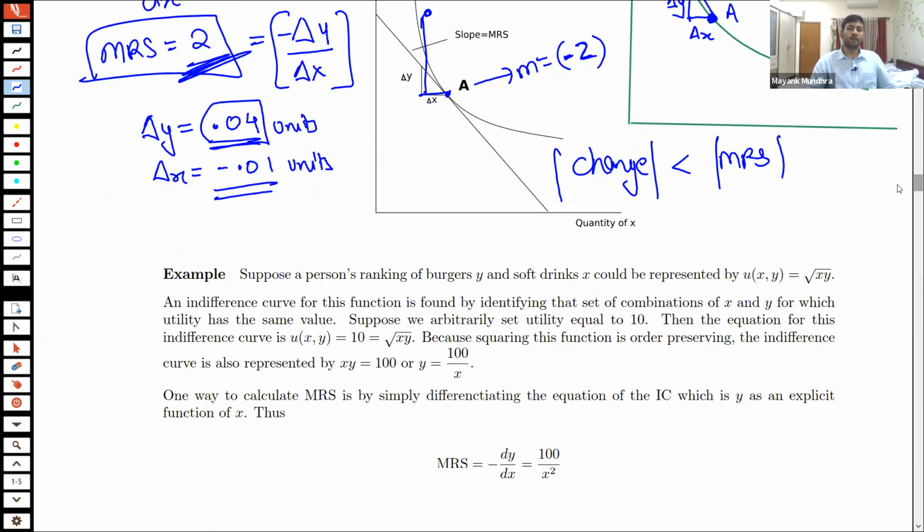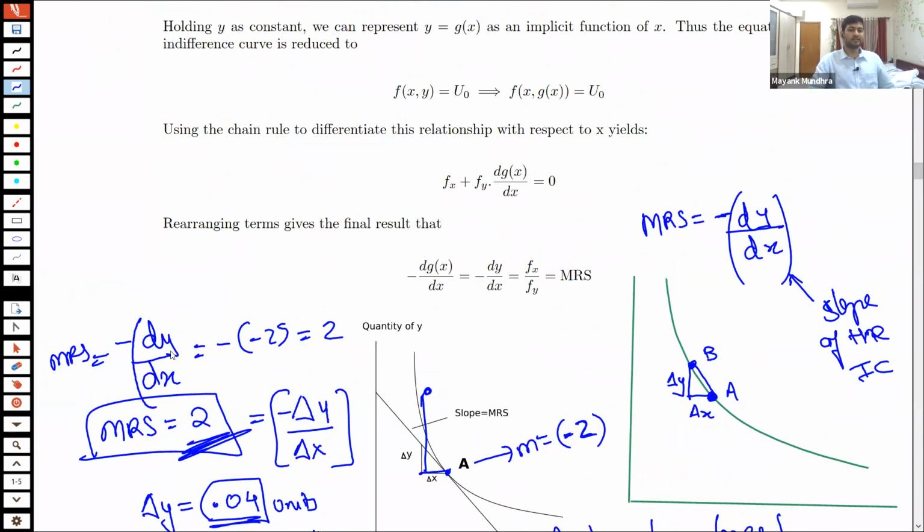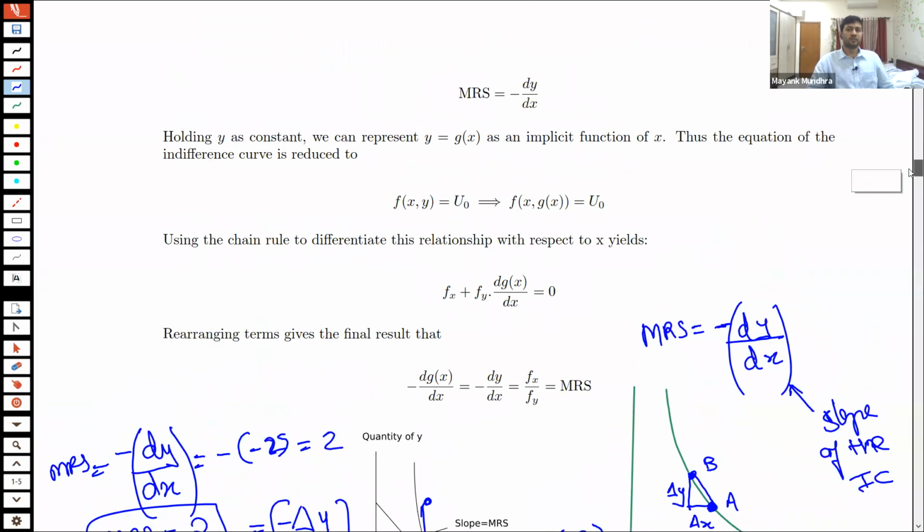Now, what is the role of MRS will become clear, but it is going to be the most important tool. But calculating MRS as dy by dx is a little tricky, because in order to calculate MRS as dy by dx, you have to rely on using the explicit form of the equations.